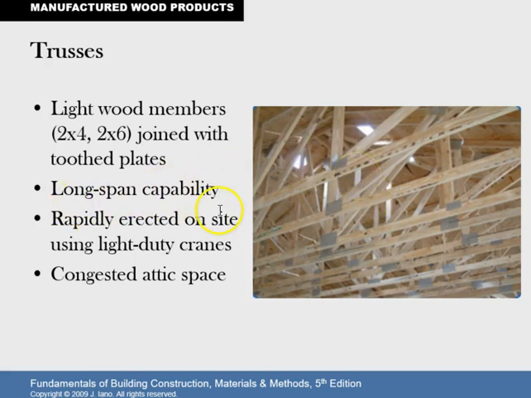They have very long span capabilities, more so than probably any other structural member, because they're triangulated, so they're super stiff, and they do not use a lot of material, so they're very efficient. And in low-rise construction, typically they're put up very quickly, very easily with small cranes. This points out that they do complicate attic spaces.